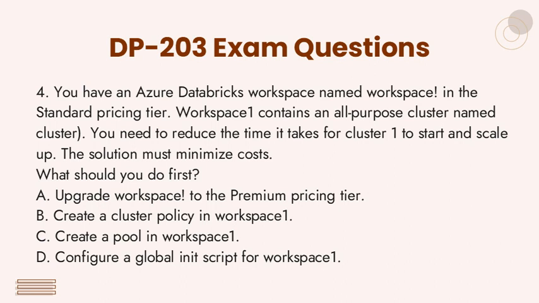What should you do first? A. Upgrade Workspace 1 to the premium pricing tier. B. Create a cluster policy in Workspace 1. C. Create a pool in Workspace 1. D. Configure a global init script for Workspace 1.